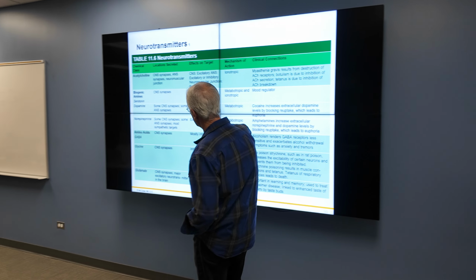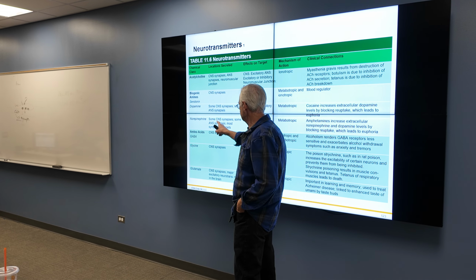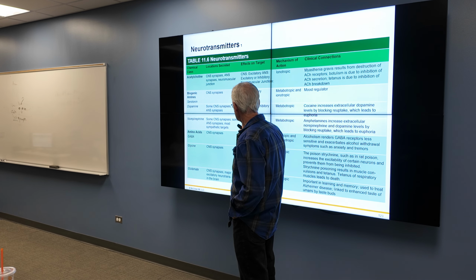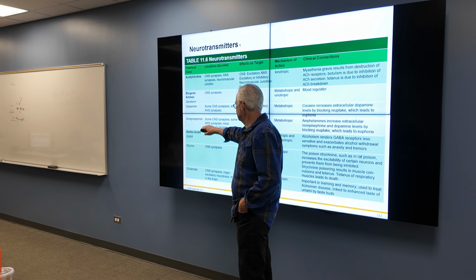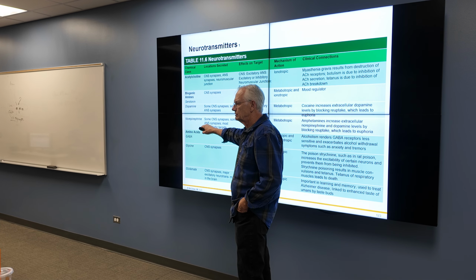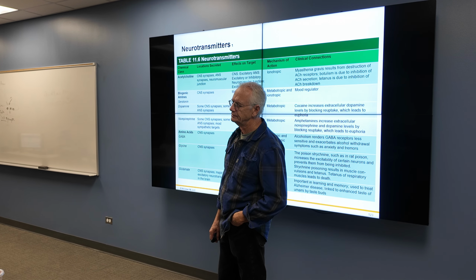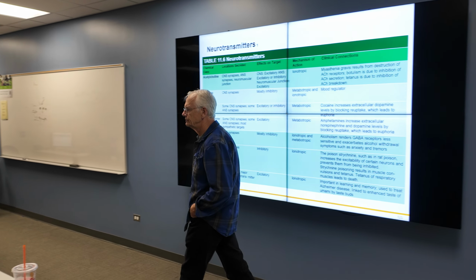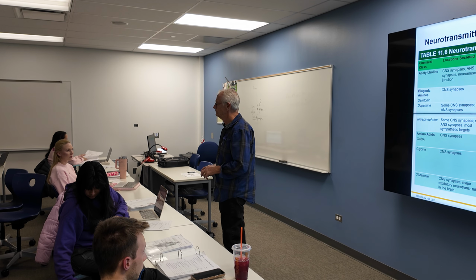We go over here to norepinephrine, which I mentioned. In some of the central nervous system synapses, it's generally considered to be excitatory. What is ANS synapses? Autonomic nervous system. Which is what?